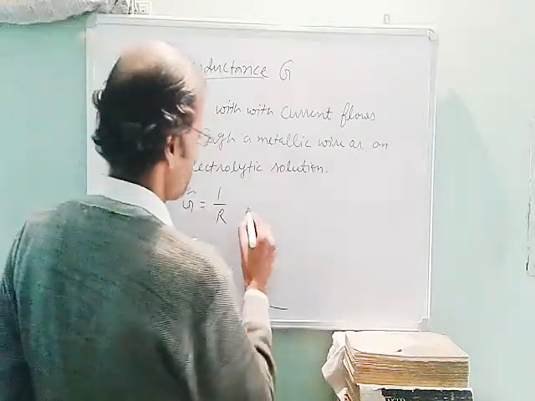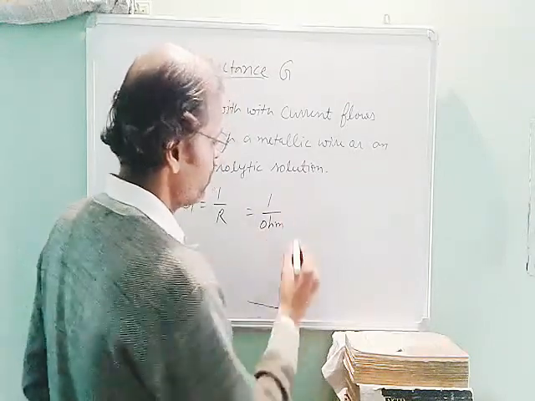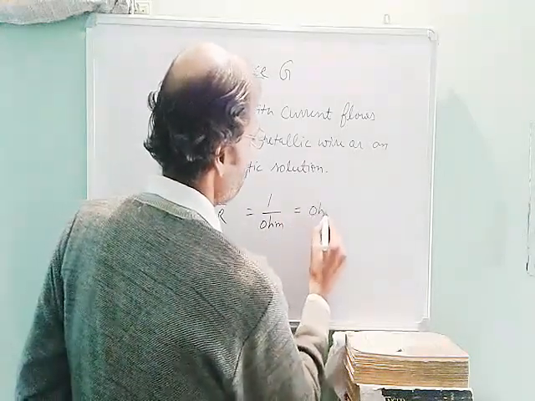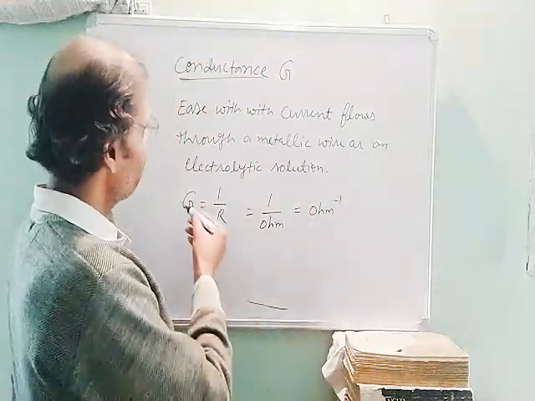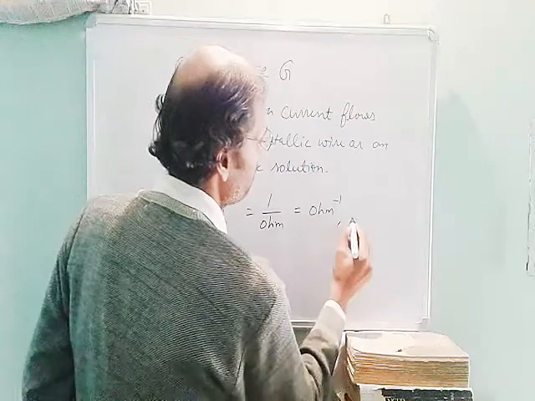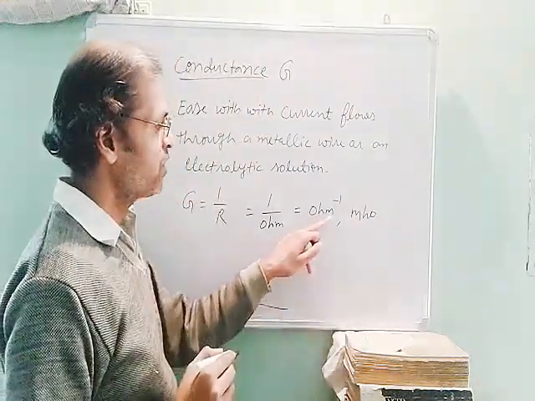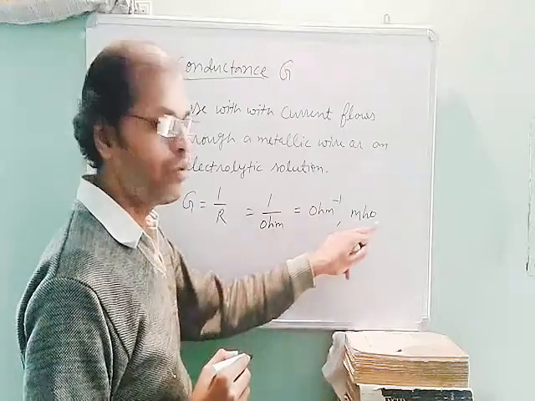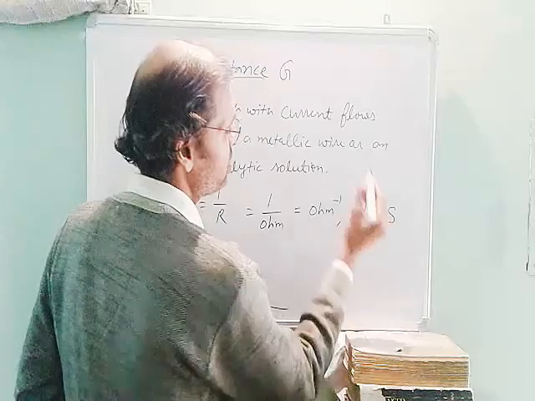Now unit, it is 1 upon ohm, so its unit will be ohm inverse. One more unit is there for conductance, which is known as mho. OHM, ohm, MHO, mho. One more unit is there, Siemens.